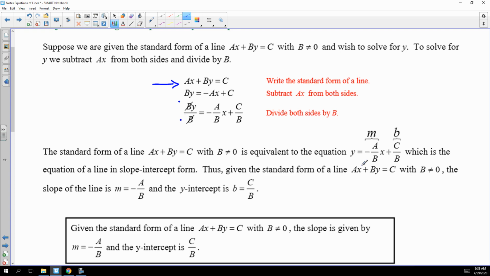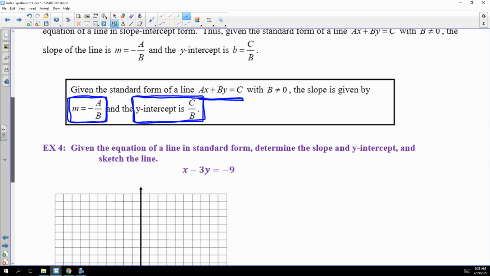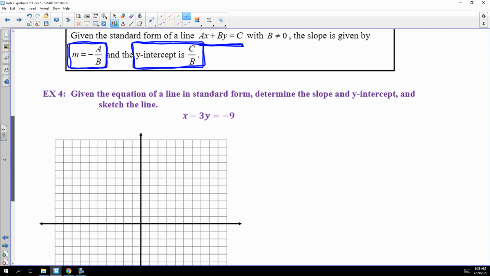What that tells you is that this value, opposite of a over b, is equivalent to the slope, and c over b is equivalent to the y-intercept. So if you have an equation that's already given in standard form, you can identify the slope by finding the opposite of a over b and the y-intercept as c over b. You don't necessarily have to put it in slope-intercept form if you know those things, but it's going to depend upon what you prefer to do.